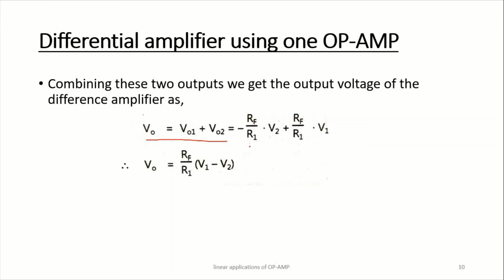Taking RF by R1 common, RF by R1 into V1 minus V2. Here RF by R1 is the gain and V1 minus V2 is the differential signal. Thus the output voltage is proportional to the difference between the two input signals, and RF by R1 is called the gain of the difference amplifier.